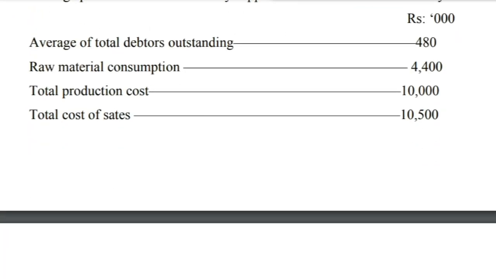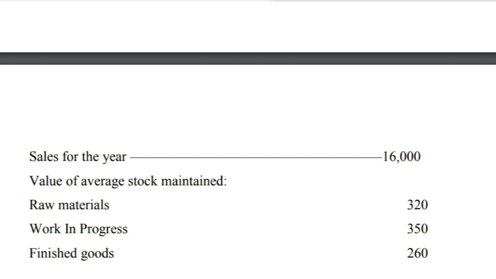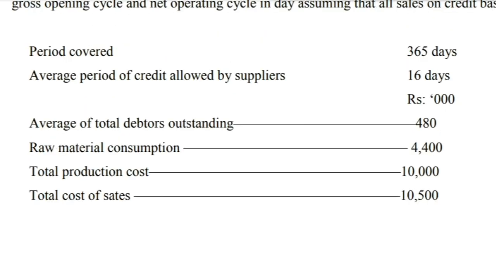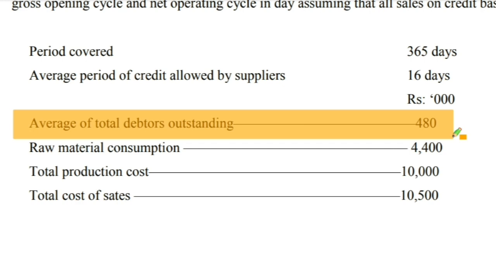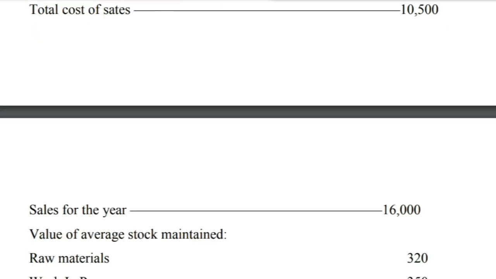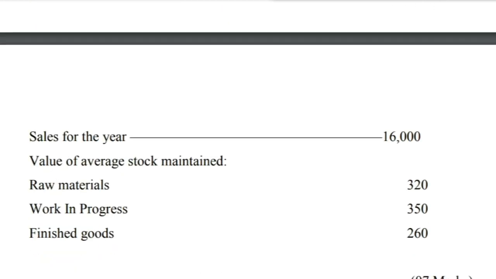Average debtors is also given in this question: average of total debtors outstanding 480,000. And also credit sales is given because all sales are on credit basis. Sales for the year, that is credit sales as per the question, 16 million.